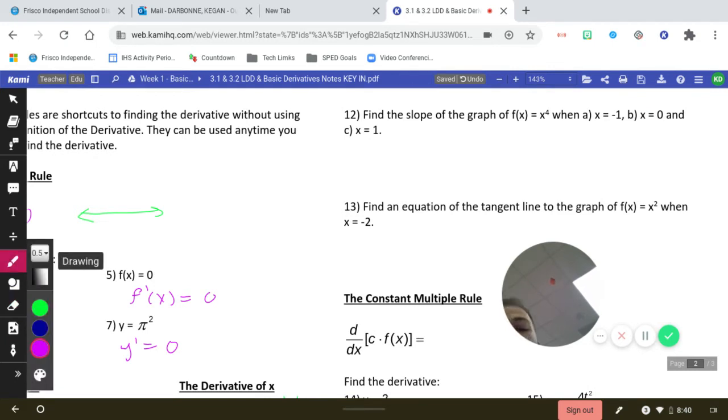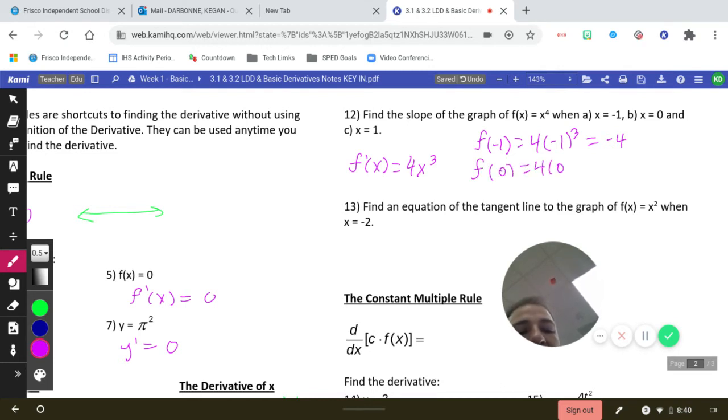First off, we find f prime of x, which would be 4x cubed. Then to find my slope at all these x values, I'm just going to plug these x values in. So f prime of negative 1 is equal to 4 times negative 1 cubed, which would be equal to negative 4. F prime of 0 would be equal to 4 times 0 cubed, which would just be equal to 0.